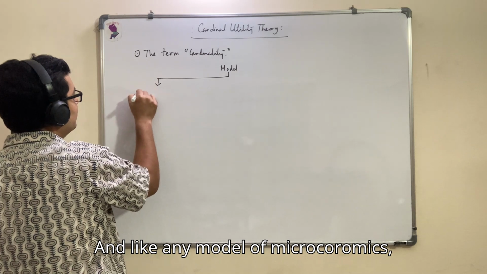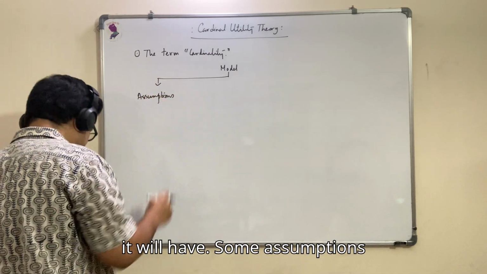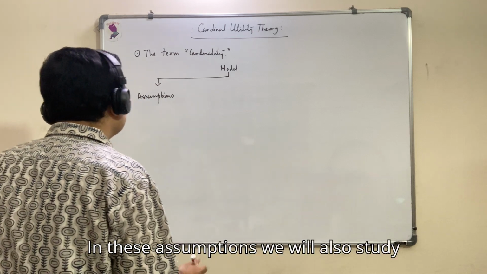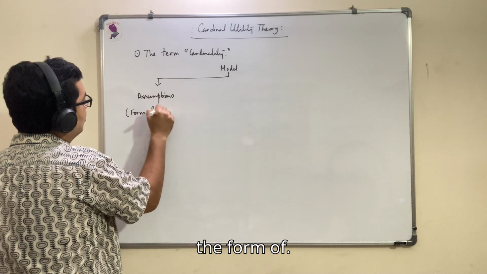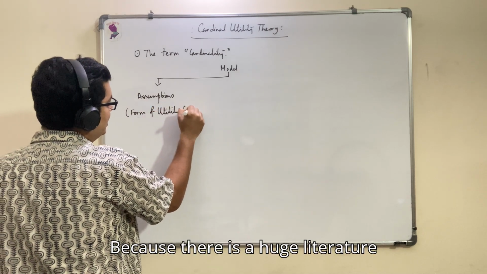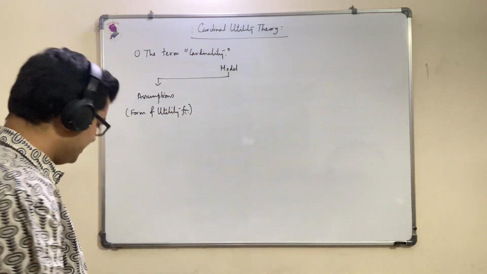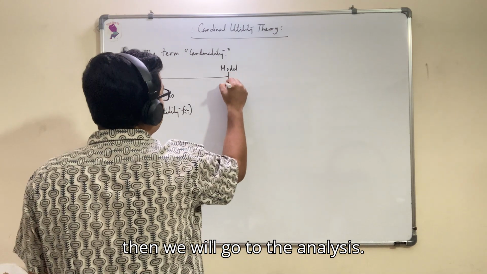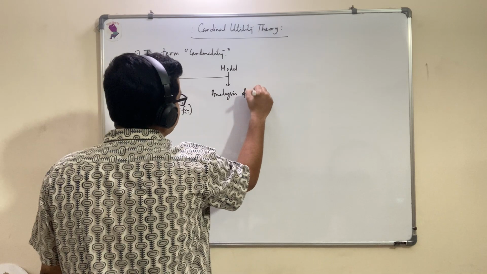And like any model of microeconomics, it will have some assumptions. In these assumptions, we will also study the form of utility function, because there is a huge literature on this. Then we'll go to the analysis of the equilibrium.